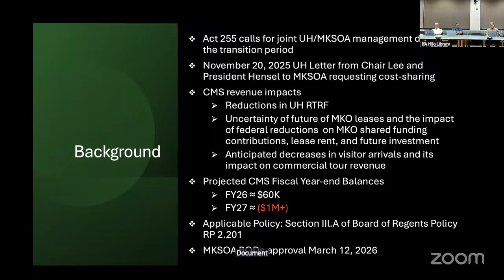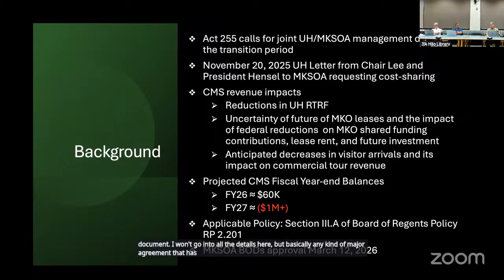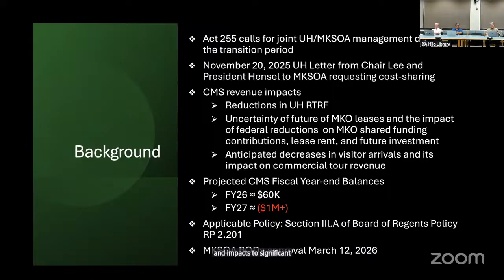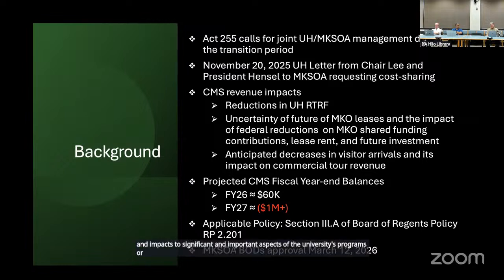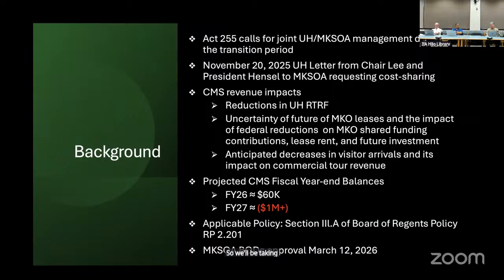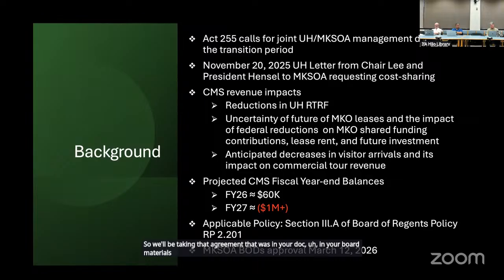I won't go into all the details here, but basically any kind of major agreement that has funding implications and impacts to significant and important aspects of the university's programs or operations is something that the Board of Regents would have to review and approve. So we'll be taking that agreement that was in your board materials to the regents on Thursday for their approval.